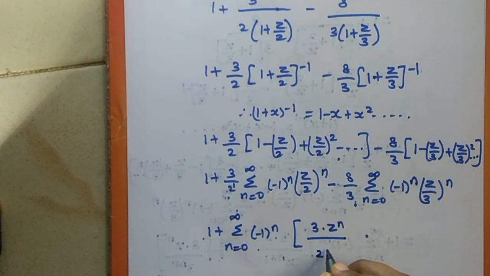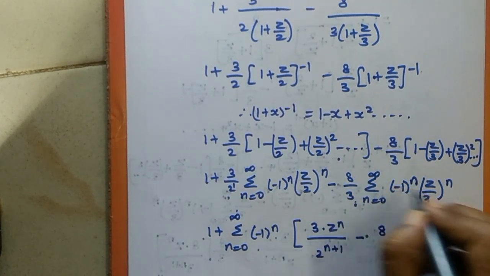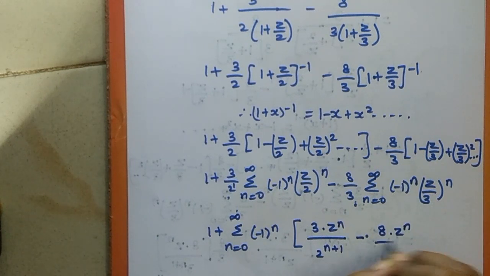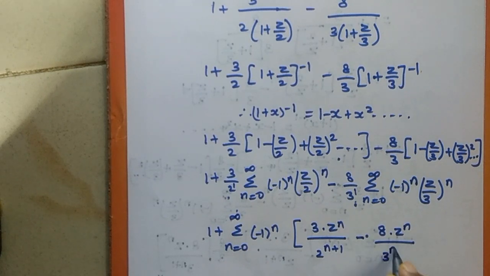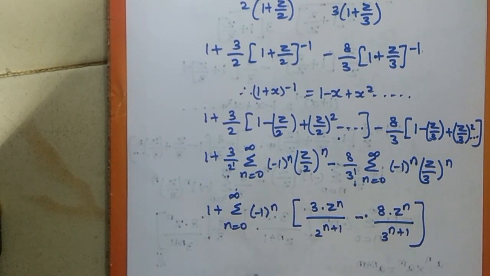So add the powers of 2, n plus 1. Minus 8 into z power n divided by 3 power 1, 3 power n. Add the powers of 3, it comes 3 power n plus 1. This is our Taylor series.